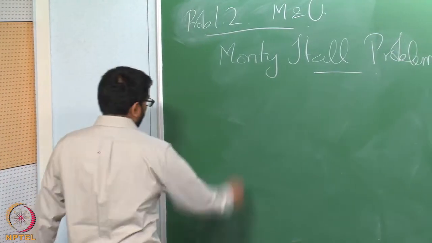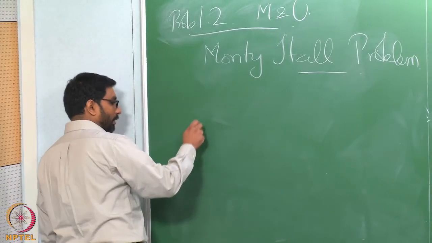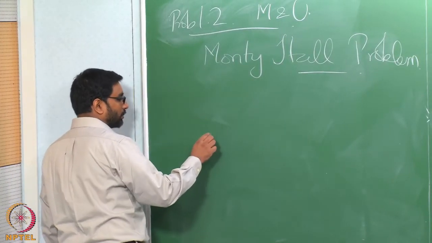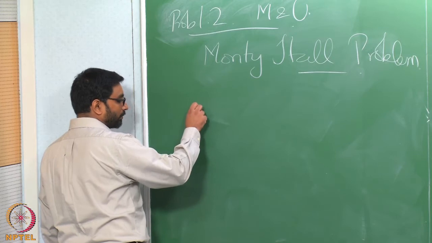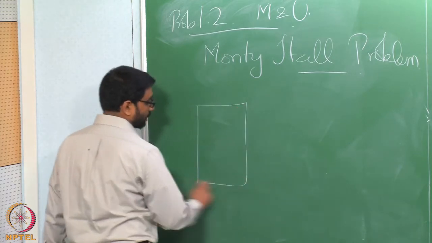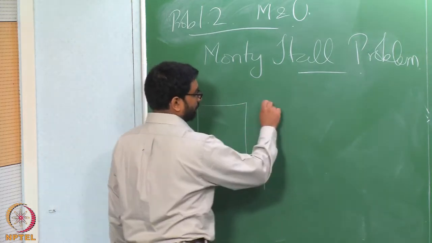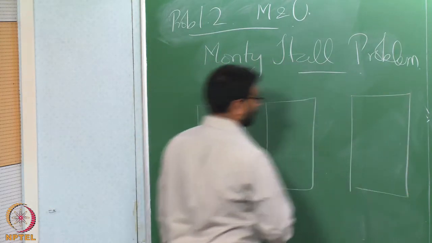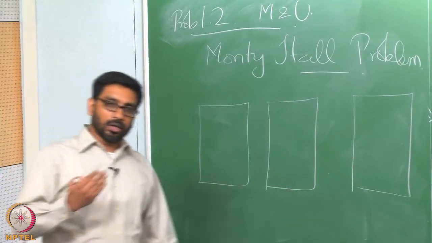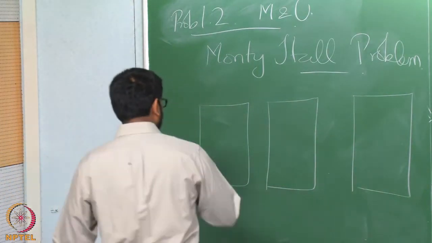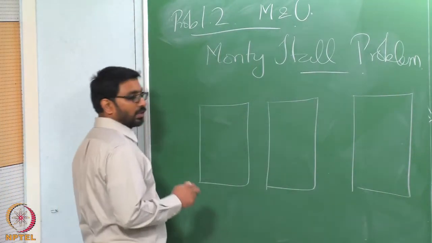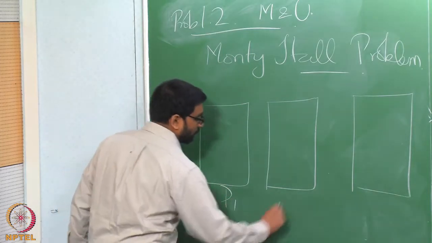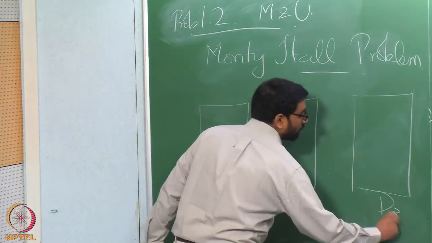So, let me explain this context. There are 3 doors, D1, D2, D3.